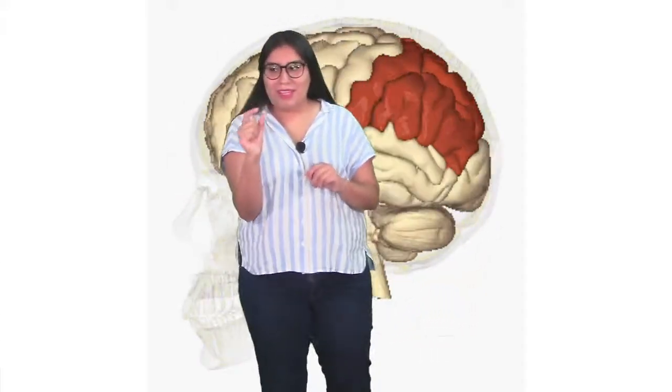Because of all these parietal lobe responsibilities, we are able, for example, to discern from touch alone two objects. There's a study called two-point discrimination, because the parietal lobe lets you identify if there's one touch or two-point touch.